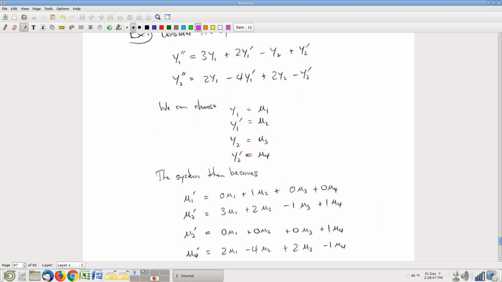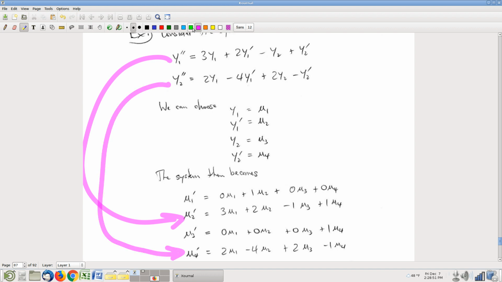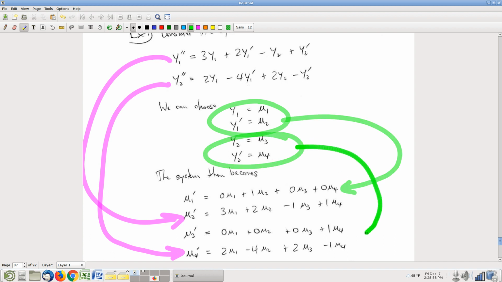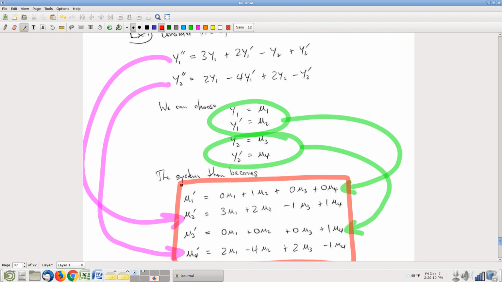These two equations here, that equation turns into that, this equation turns into that. This relationship gives us that. That relationship gives us that. And we again have successfully turned it into something analogous to the previous page.